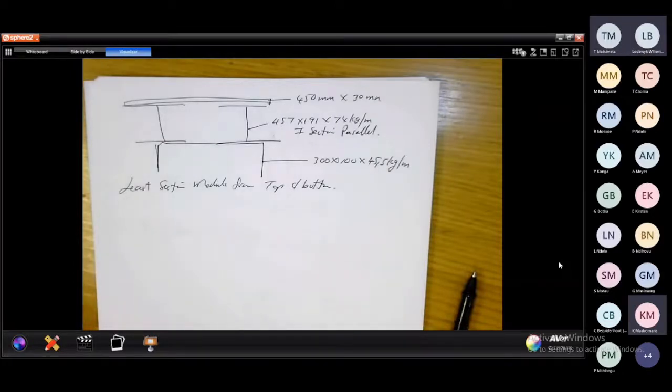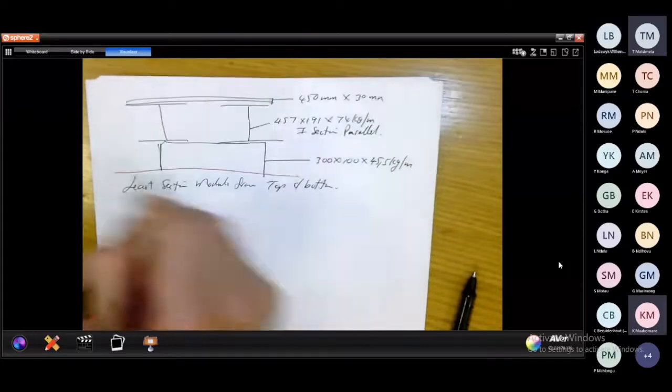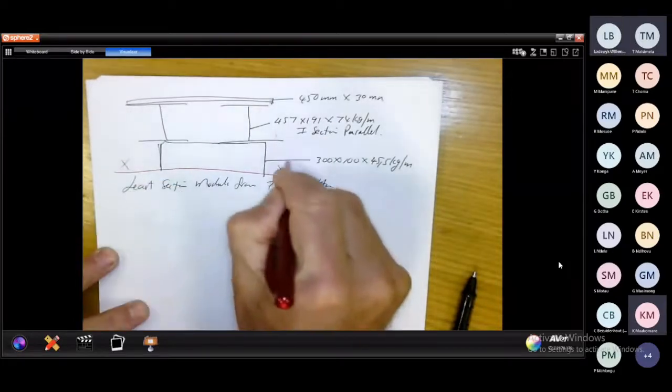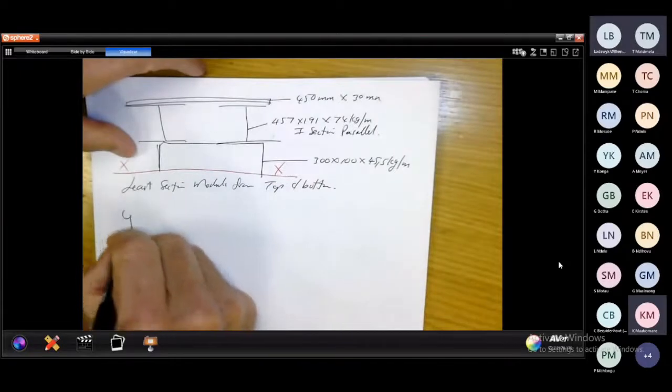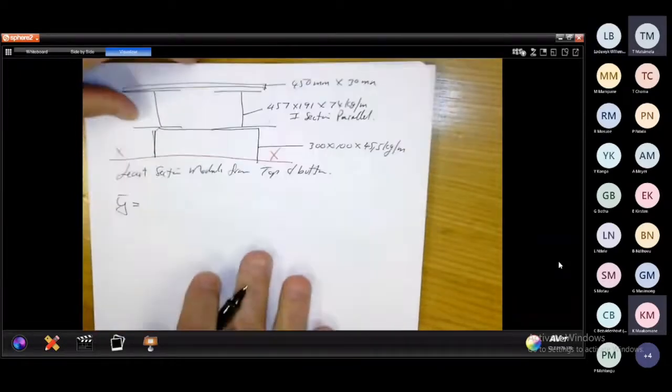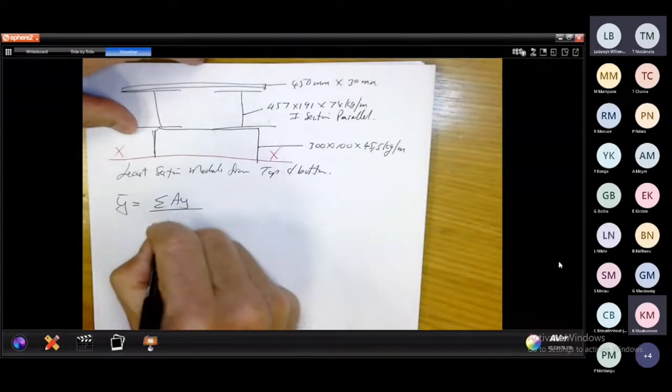Must be working from the bottom or from the top? Huh? From the bottom. Bottom. All right, that we're working from here. X-axis from here. Right. First, what we must calculate is y-bar. Okay, y-bar is sum of area y divided by A total.